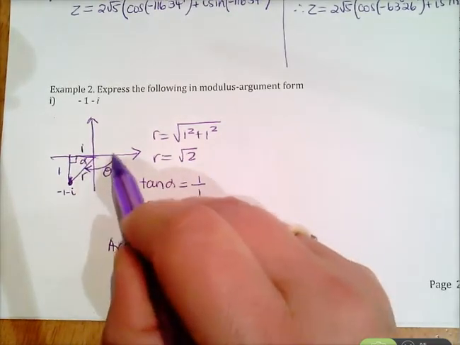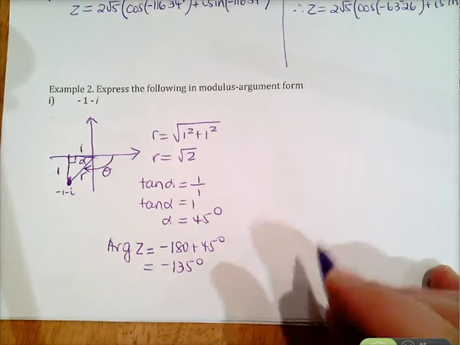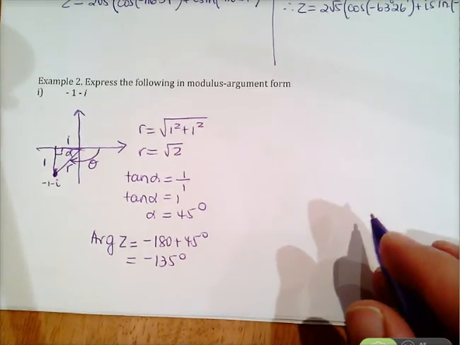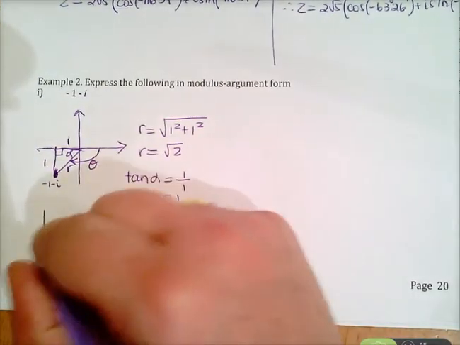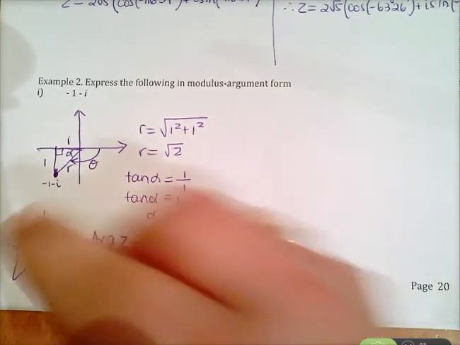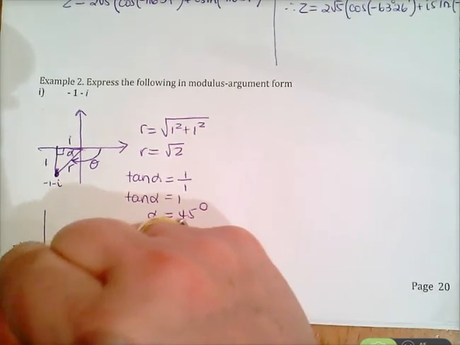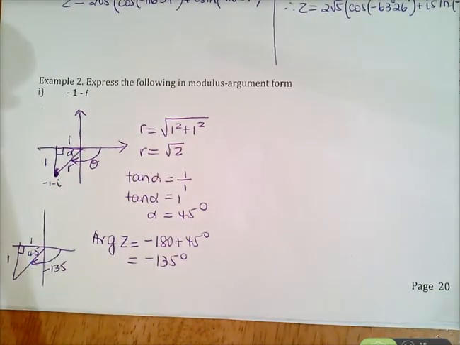If that's 45 degrees, this is 135 degrees, going in the negative direction, so it's negative 135 degrees. Okay, so I'll just draw that again. Basically what I've got here is that if that's 45, this here is negative 135. This is a right angle, 1 unit, 1 unit.